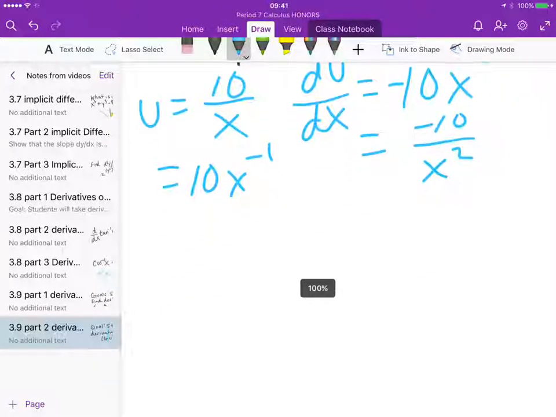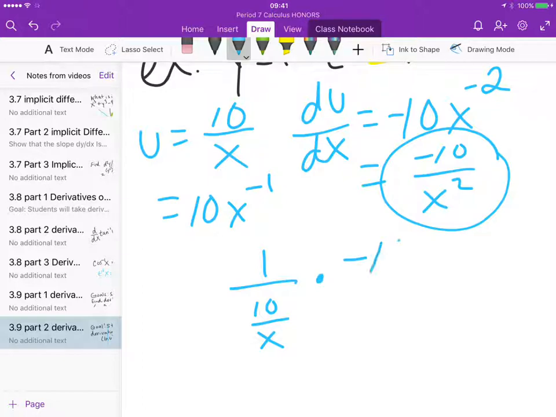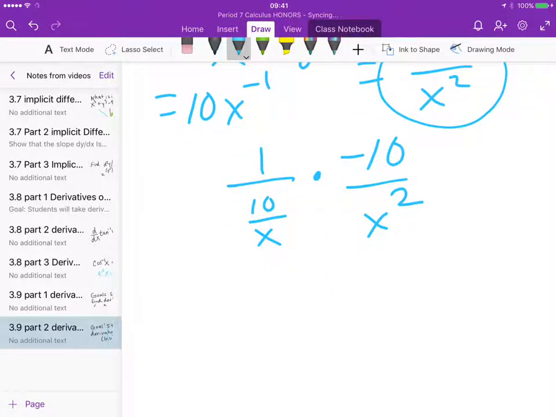So to find our u function, we want 1 over u multiplied by du dx, which we just found to be negative 10 over x squared. Well, 1 over 10 over x is really just x over 10.